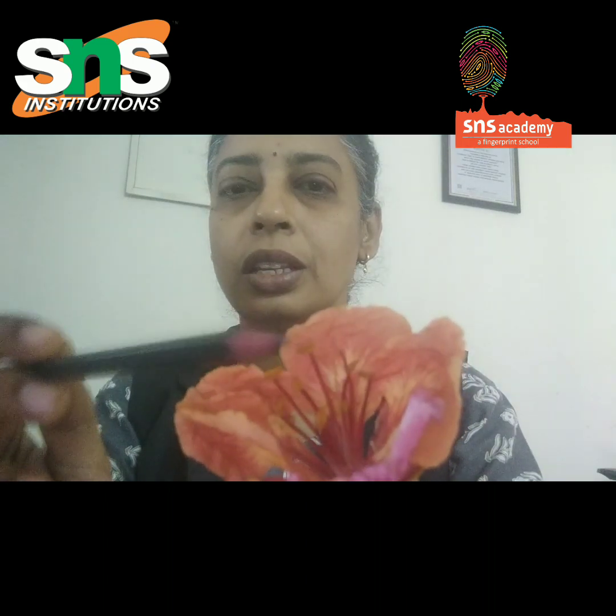That is the pollen grains. They are very sticky in nature. Pollen grains must be transferred from the anther to the ovary. It has to reach the female gamete which is present within the ovules.